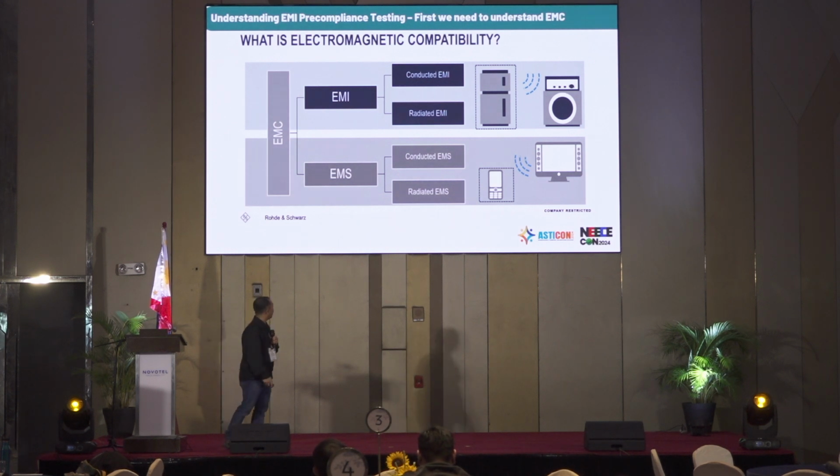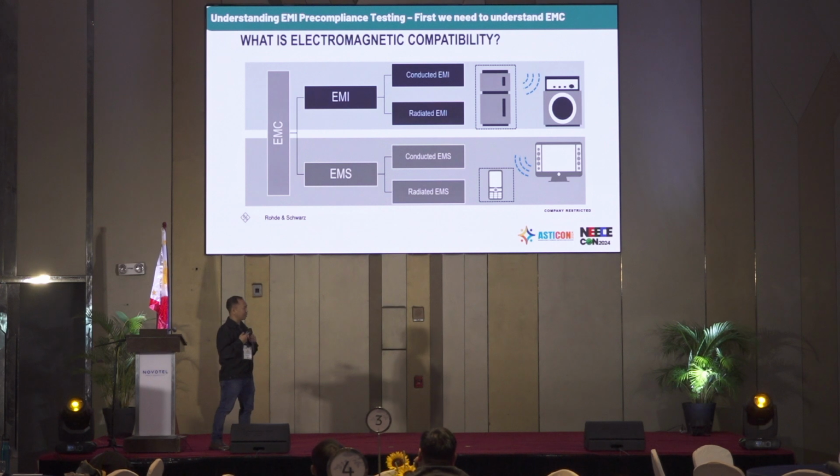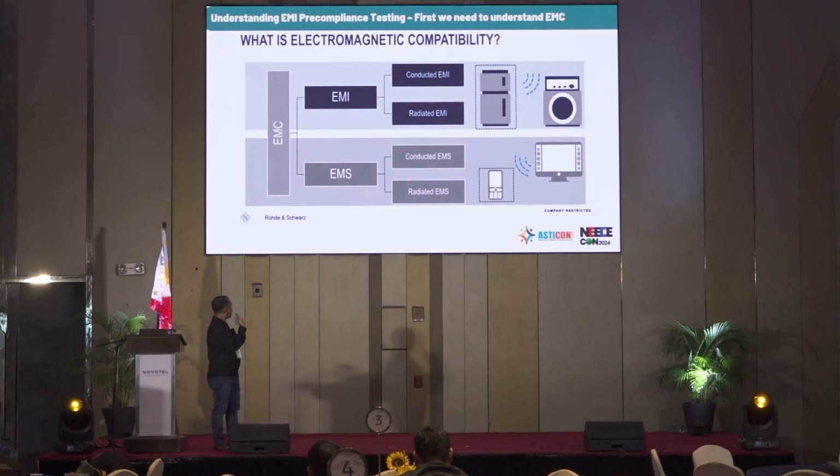In conducted EMI, we test the noise coming out from our DUT through conduction, while in radiated, what is being radiated into the environment. Aside from that, we need to test our product to receive the EMI noises in the environment. Both also have conducted and radiated EMS. So these are what electromagnetic compatibility is.